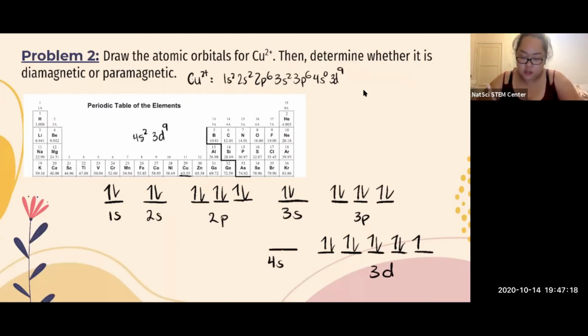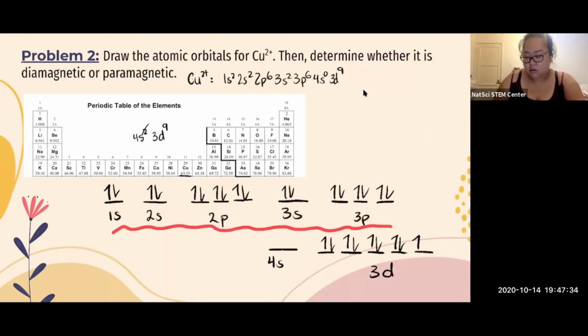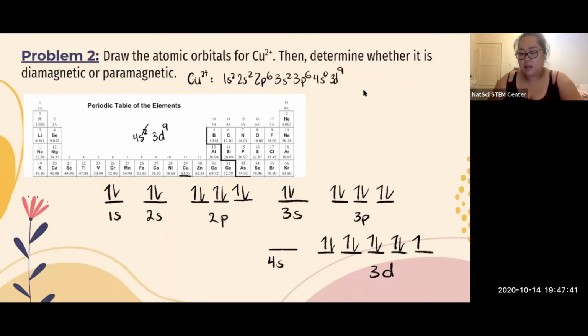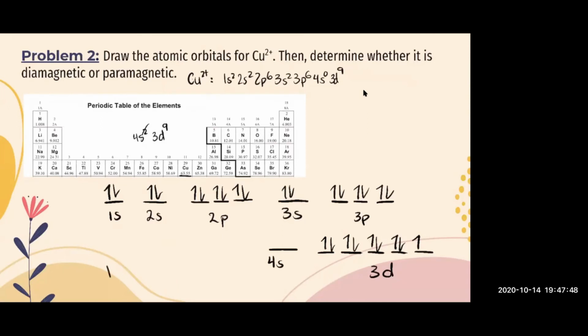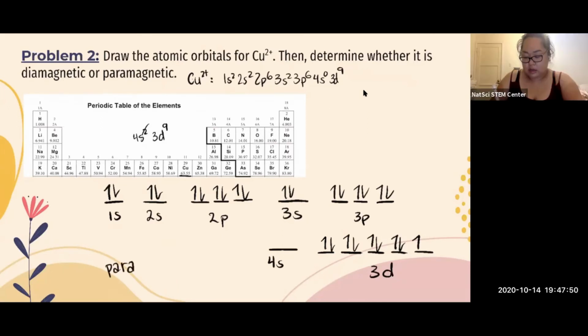Since it has a 2+ charge, you get rid of the electrons in the s orbital, so you have 4s0. That's why I show that there's nothing. I filled all of these out, and then I showed 3d and it's 9. So did you put down paramagnetic or diamagnetic? Para. Yeah, that's good.